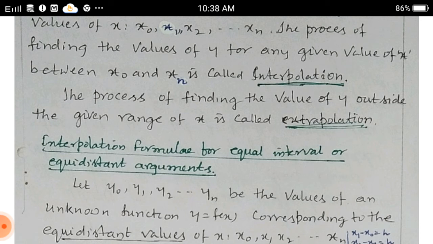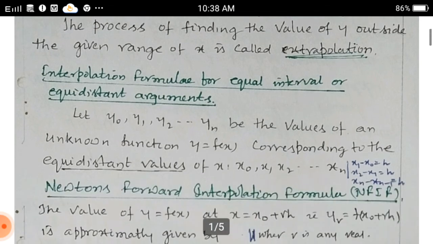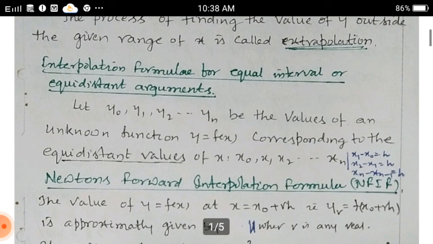Let y0, y1, y2, yn be the values of an unknown function y equal to f of x, corresponding to the equidistant values of x: x0, x1, x2, and so on. Equidistant means x1 is equal to x0 plus h, x2 is equal to x1 plus h, and so on.